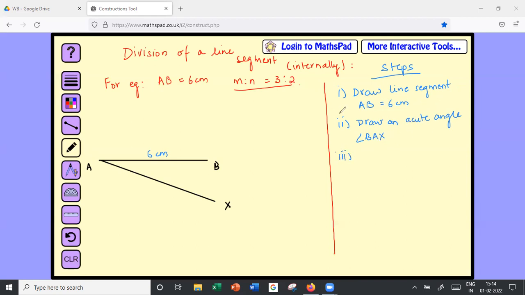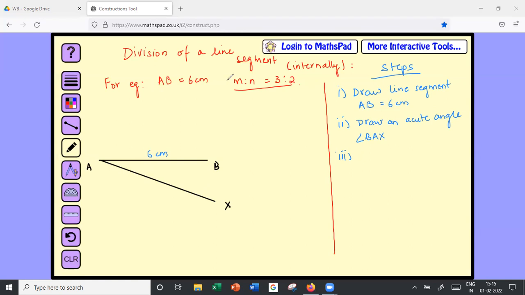Anything. Acute angle refers to any angle in the range of 1 degree to 89 degree. Let's be specific, 90 won't come. Even if it's just 5 degree, 10 degrees, also fine. So don't worry too much about those particulars.